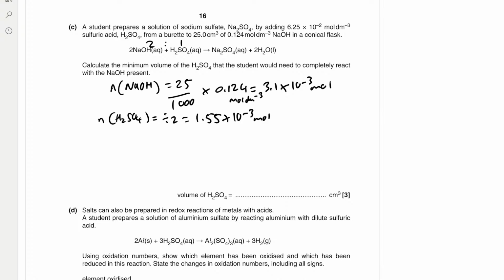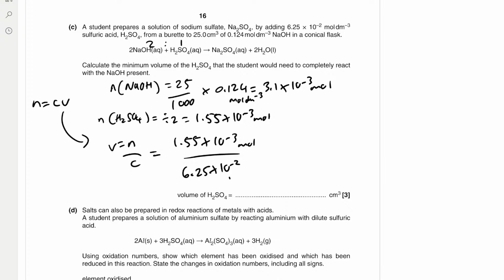And we've got the concentration, so the volume is the moles over the concentration, because we've rearranged this equation to give us the volume, which is 1.55 times 10 to the minus 3 divided by 6.25 times 10 to the minus 2 mole per dm cubed, which gives us a volume of 0.0248 dm cubed, which when you multiply by 1000, because they want it in centimeters cubed, you get 24.8 centimeters cubed.